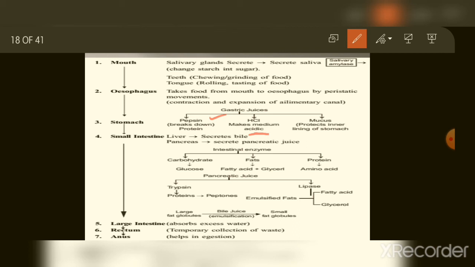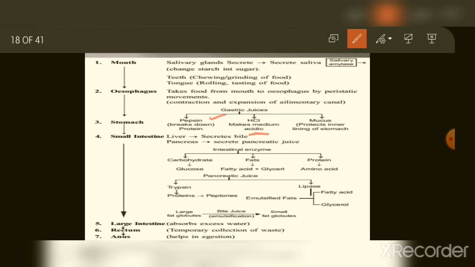And next, the pancreas. After the bile work is over, the pancreas secretes pancreatic juice. It contains enzymes like trypsin, which is for digesting proteins. Pepsin is for digestion of proteins in the stomach, and trypsin is for digestion of proteins in the pancreatic juice.